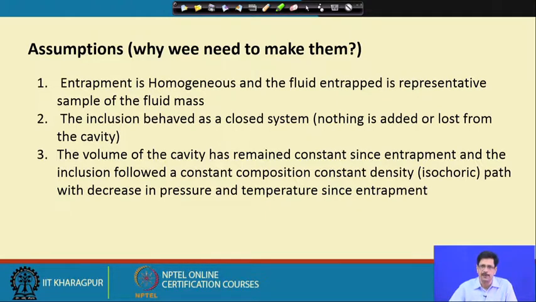We will be discussing them all, but in the majority of the cases this assumption holds good.